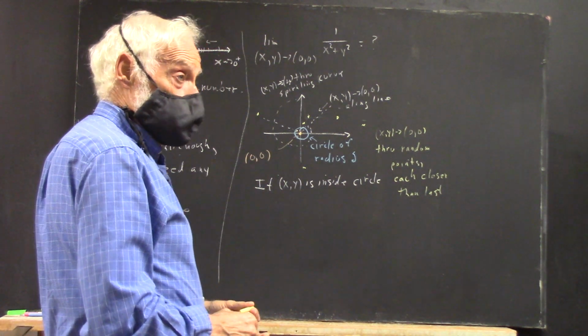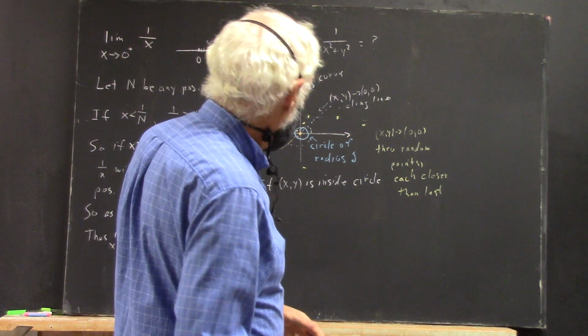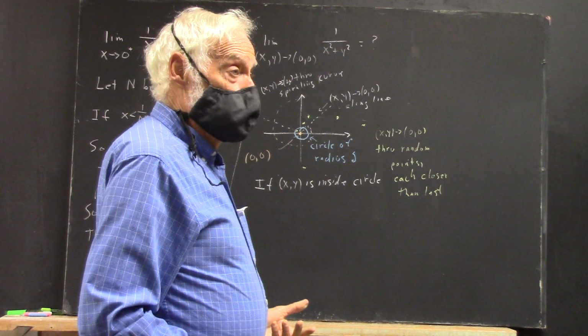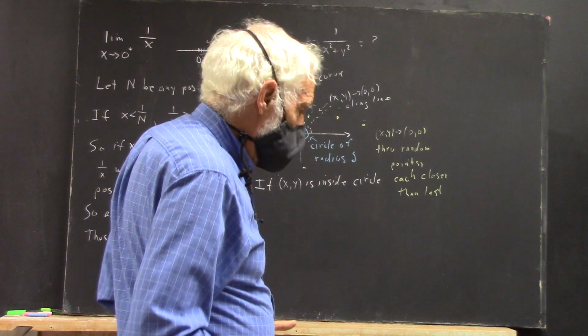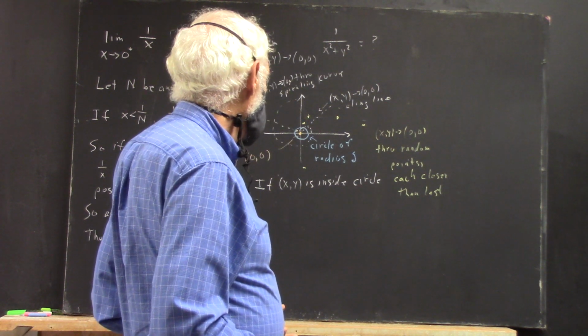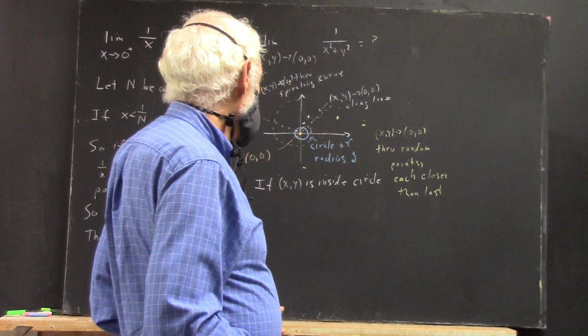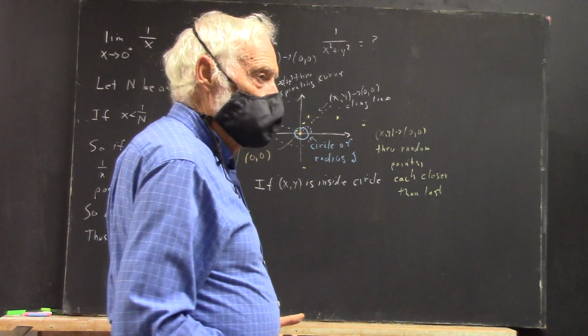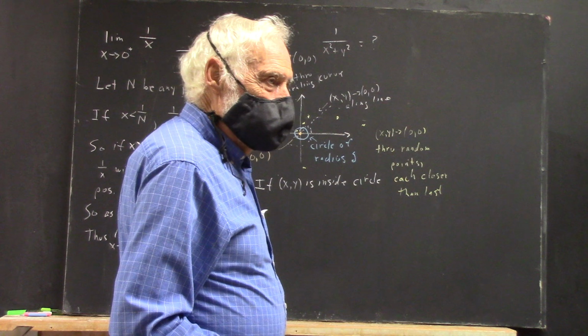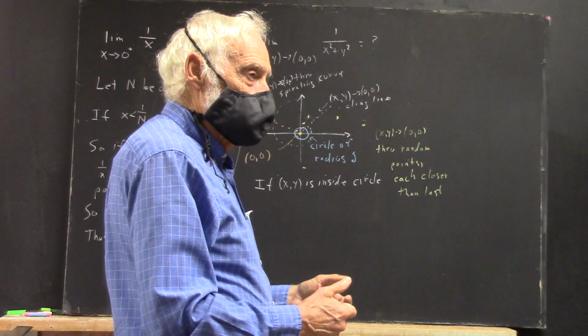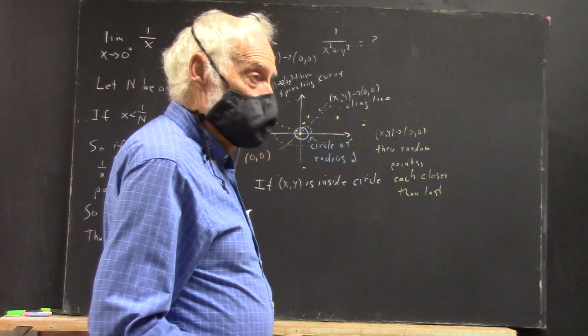And sometimes you have to consider how x, y approaches 0, 0. If you have, for example, a hyperboloid with a saddle point at 0, 0, we'll see that later. If you approach along some paths, you approach plus infinity.